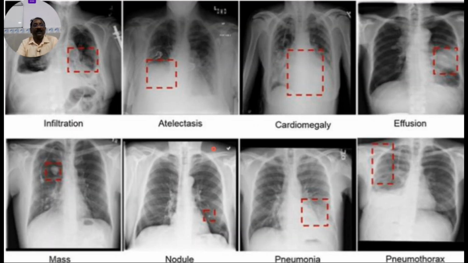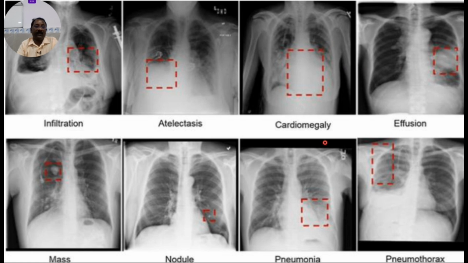See the pathology here. See here. Some infiltrates. Here atelectasis. See the diffuse cardiomegaly. So maybe a rheumatic heart disease. Both left atrium, left ventricle, right atrium, etc. See here. Interlobar effusion.